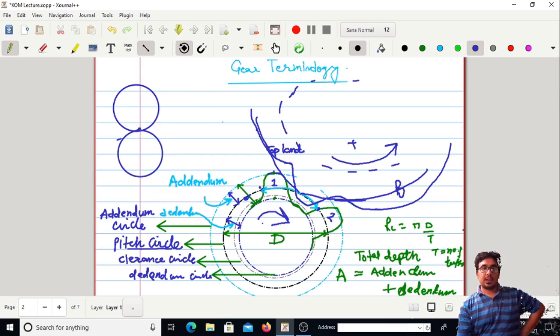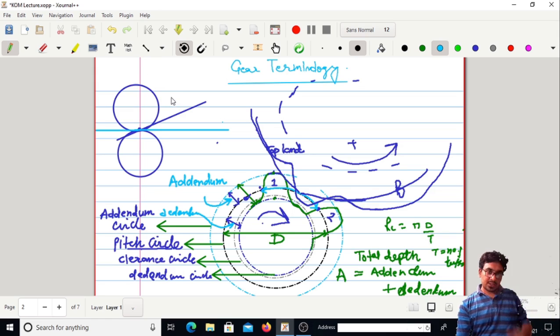So let this line represent the line of action, and if we draw the common normal to these two gears, then an angle is generated between the line of action and the common normal.